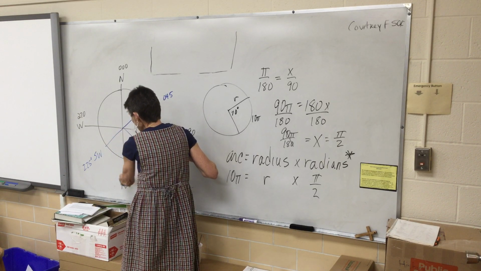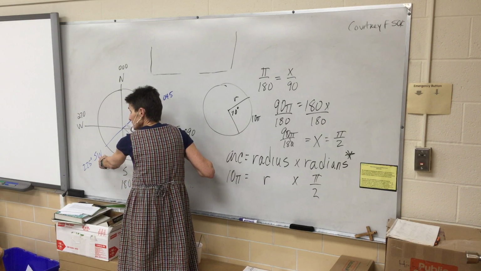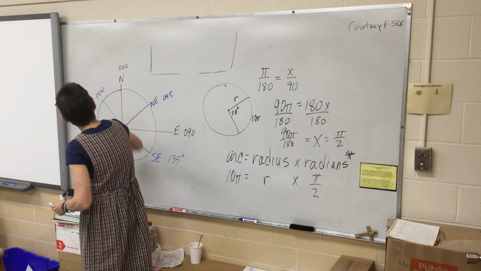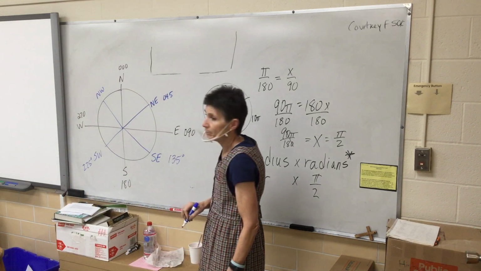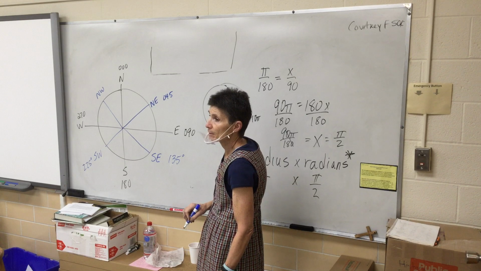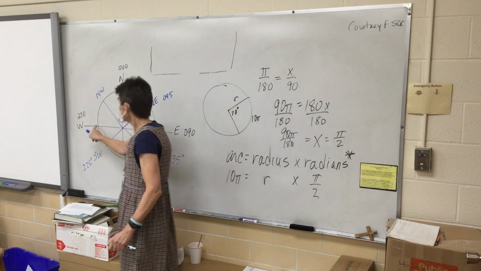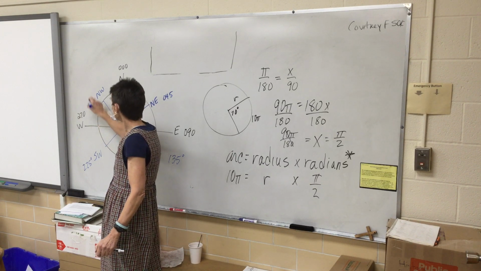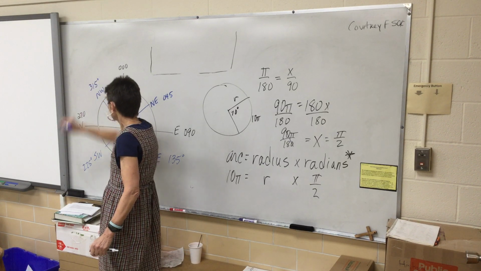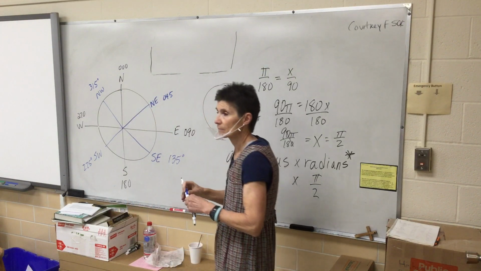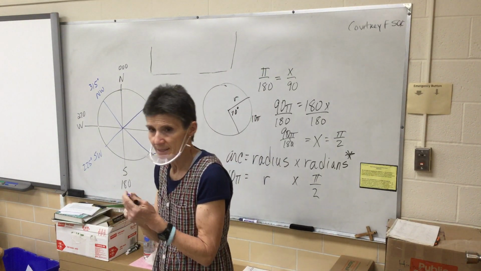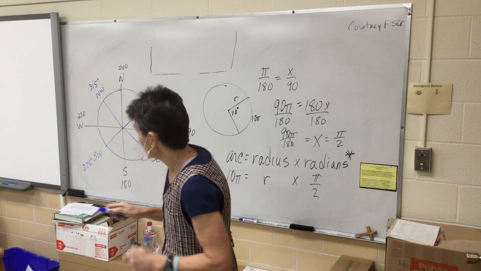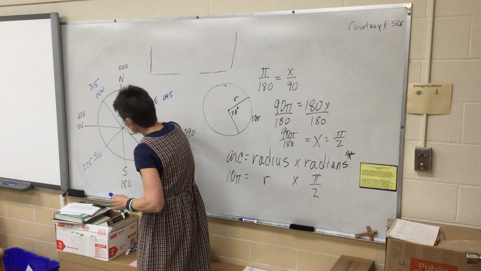So I have 180 and another 45. And then this one would be northwest. And northwest would be 270 and 45, 315. So the quadrants, the black lines, are 90 apart. And then the blue lines split into 45s.